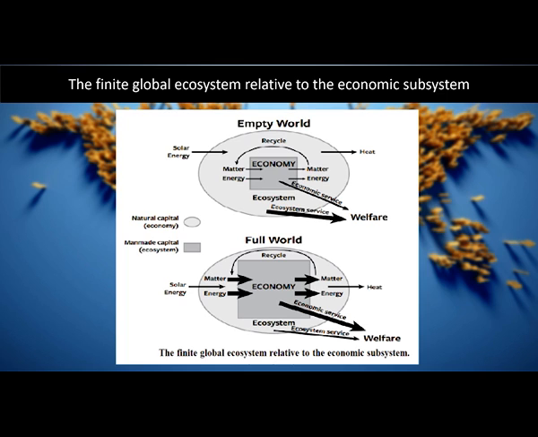Hence, the empty world becomes a full world as the economic subsystem expands. So the global ecosystem's source and sink functions have large but limited capacity to support the ever-growing economic subsystem. The imperative is therefore to maintain the size of the global economy within the capacity of the ecosystem to sustain it.